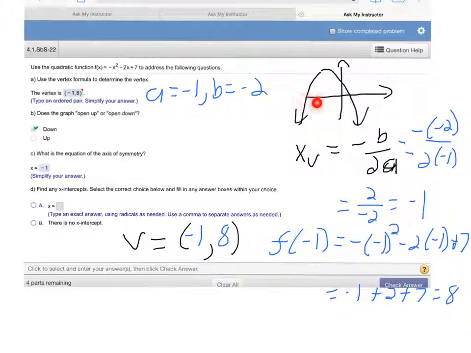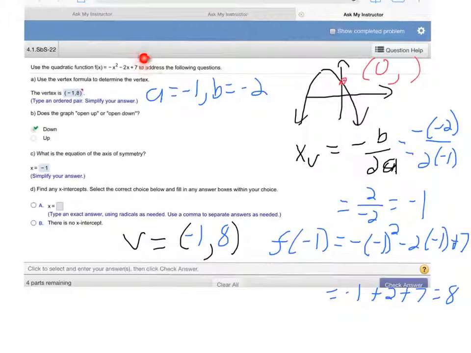The other part was about finding the intercepts, and I made a video earlier on that. To find the y-intercept, you just let x be 0 and see what the y value comes out to. Instead of putting negative 1 in, I put 0 in.